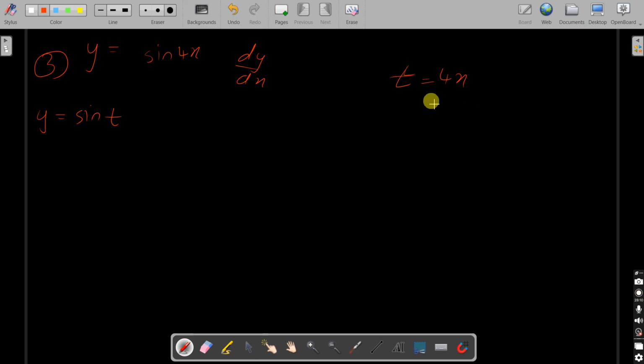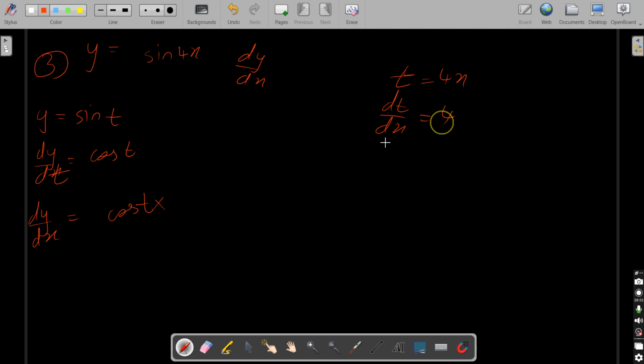So dy by dt becomes cos t. But we want dy by dx. So dy by dx will be cos t multiplied by dt by dx, which is 4. We substitute cos of 4x into 4. Therefore, dy by dx is cos of 4x into 4.